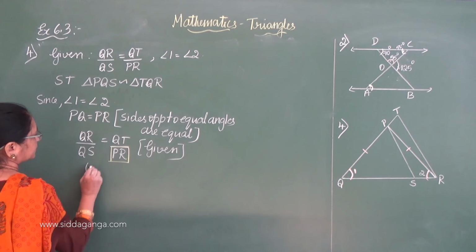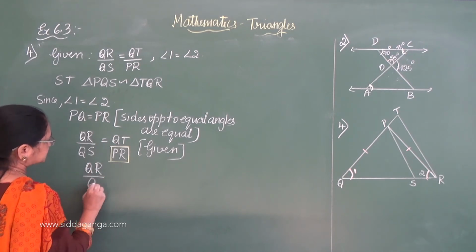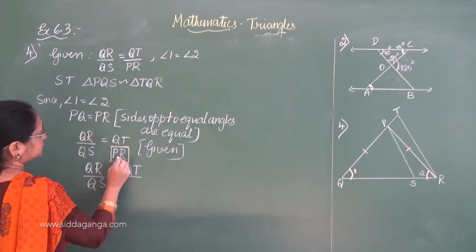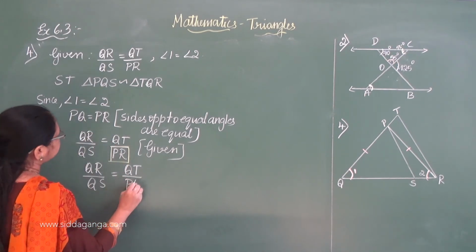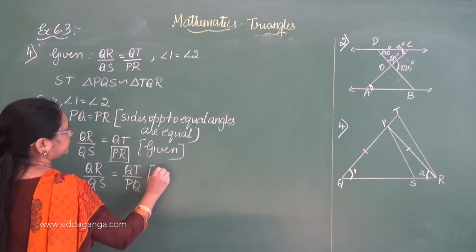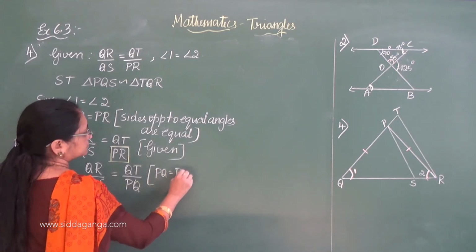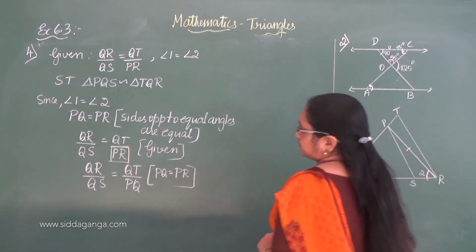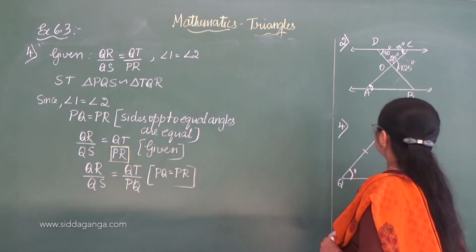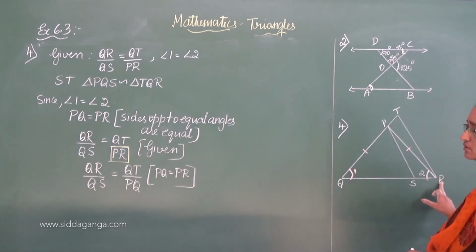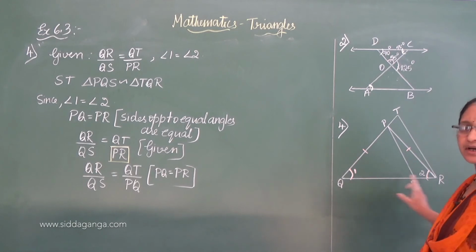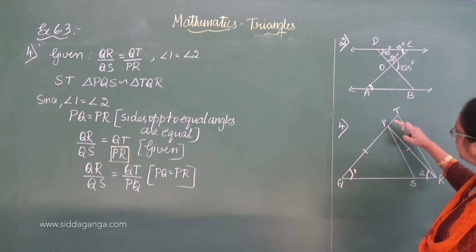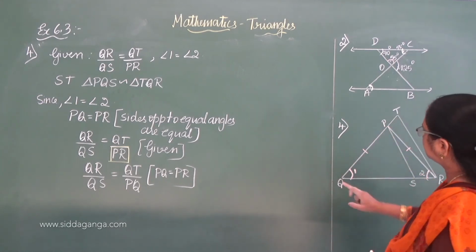Now QR by QS is equal to QT by, instead of PR I will write PQ, because PQ is equal to PR. Now just observe here, QR by QS is equal to QT by PQ.